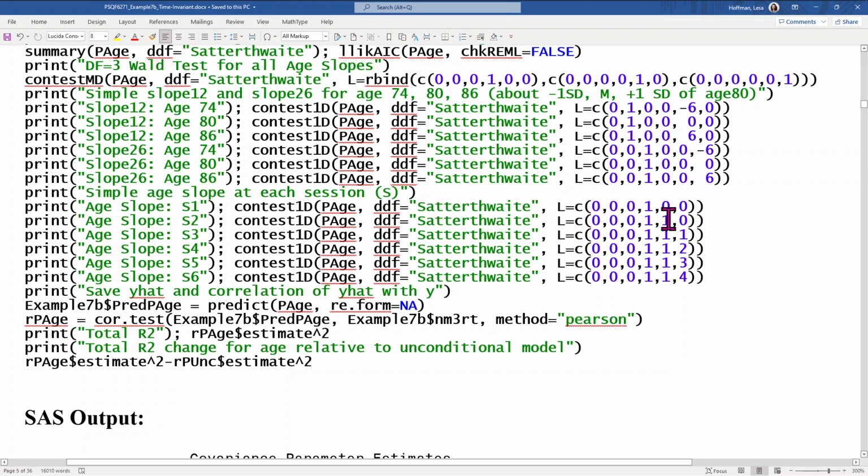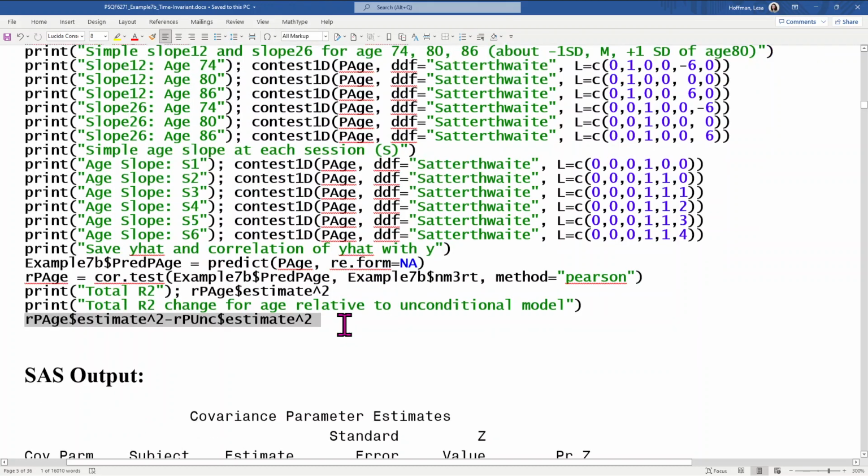So 1, 2 is coded 0, 1, 1, 1. Slope 2, 6 is coded 0, 0, 1, 2, 3, 4. Again, using the predict function to create a column of predicted values, correlating that column with the actual outcome values, squaring that correlation, and then lastly computing the change in R-square relative to the previous model.